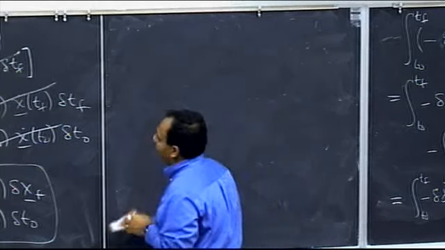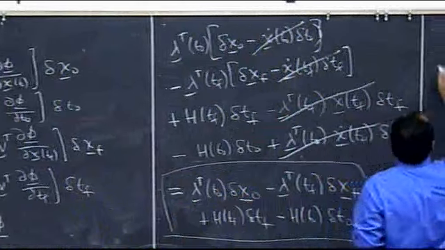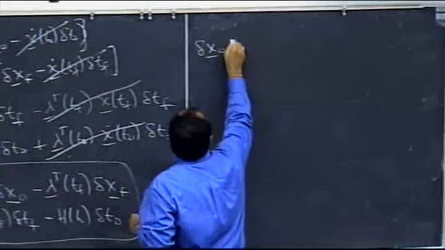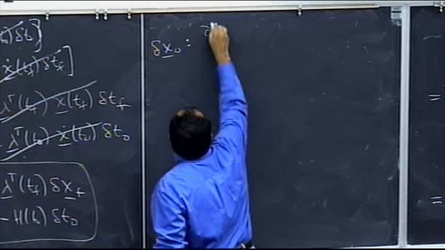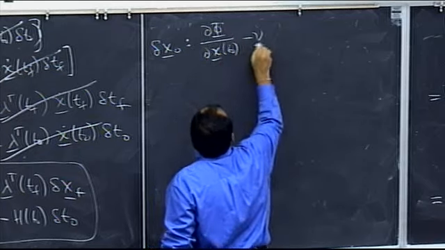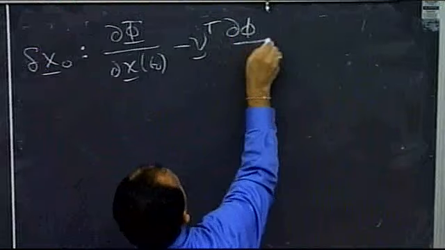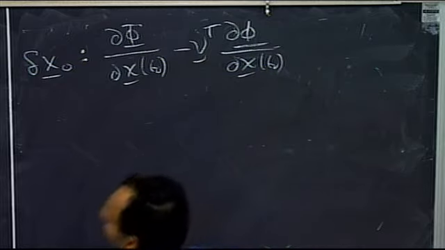So I'm going to start with the first variation, which is the variation in x0. So the terms involving the variation in x0, let's write them down. What have I got? I've got the partial of phi with respect to x at t0 minus nu transpose the partial of little phi with respect to x at t0. That takes care of these.